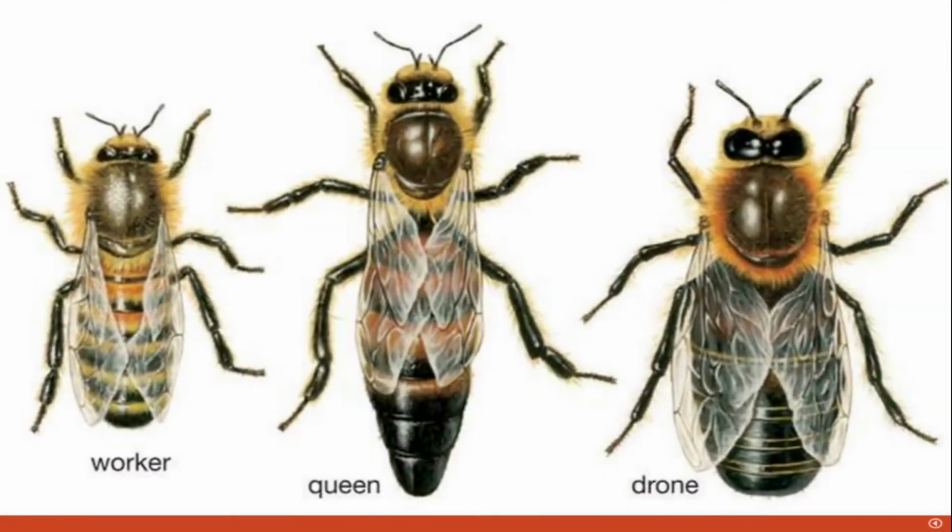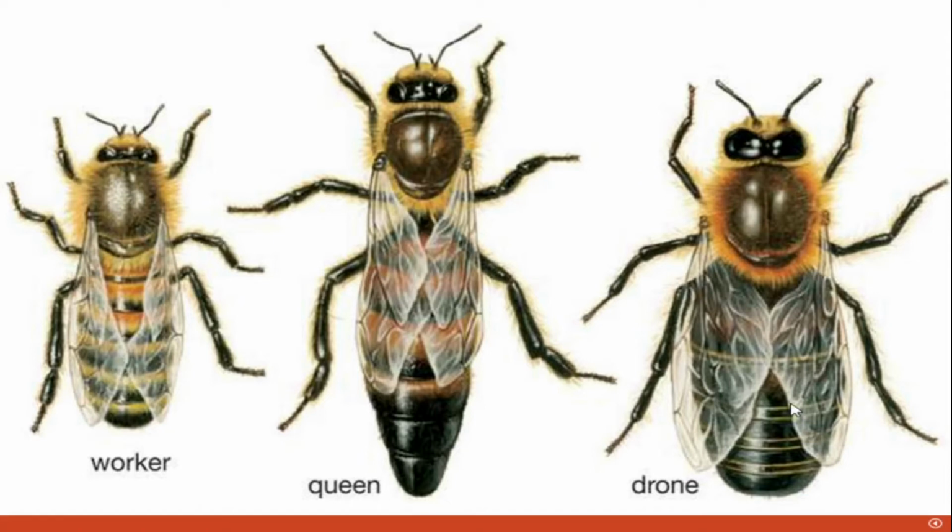Look at this picture. As I already said, the worker is a female honeybee. This one goes outside to collect nectar from the flowers. This is the queen. It is always in the honeycomb. It is a very big one. The main purpose of the queen is that it always lays eggs and helps to multiply the species. Then the drone is basically male.